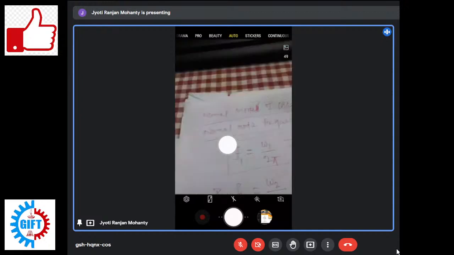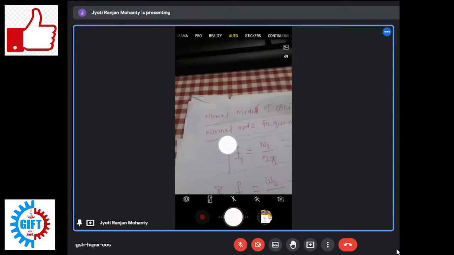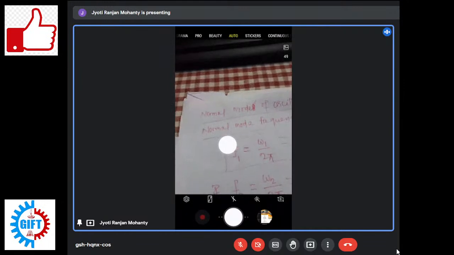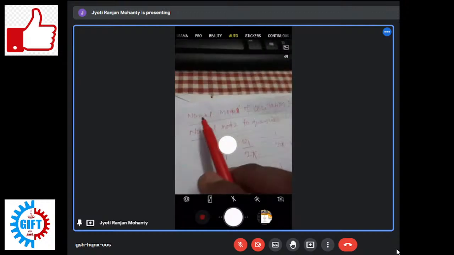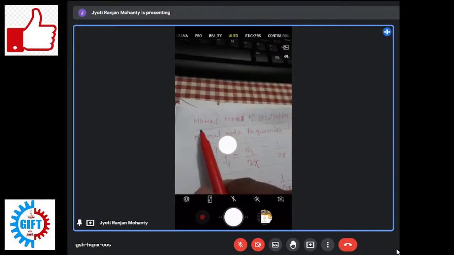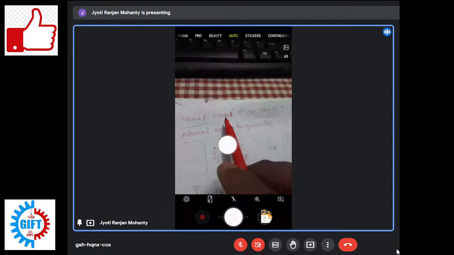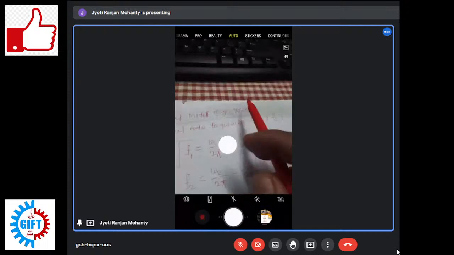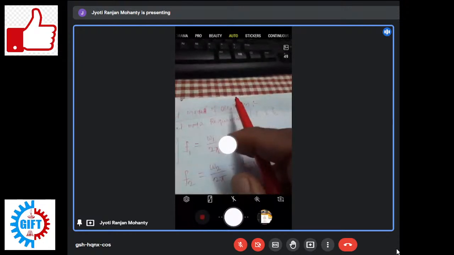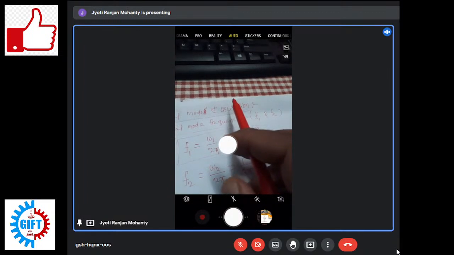Normal mode of oscillation. Give the heading normal mode of oscillation. It is a type of oscillation described in terms of normal coordinates.